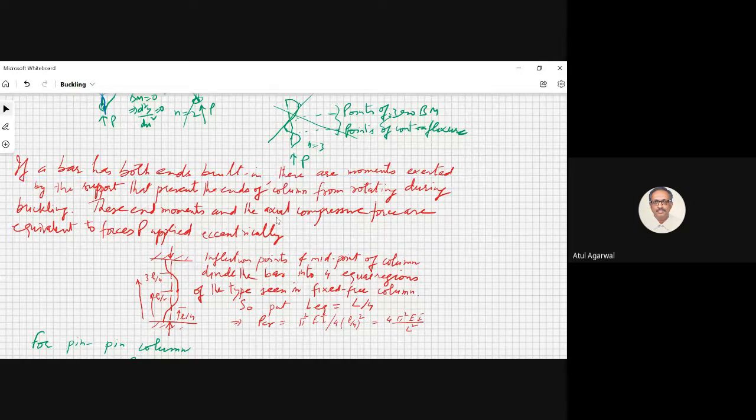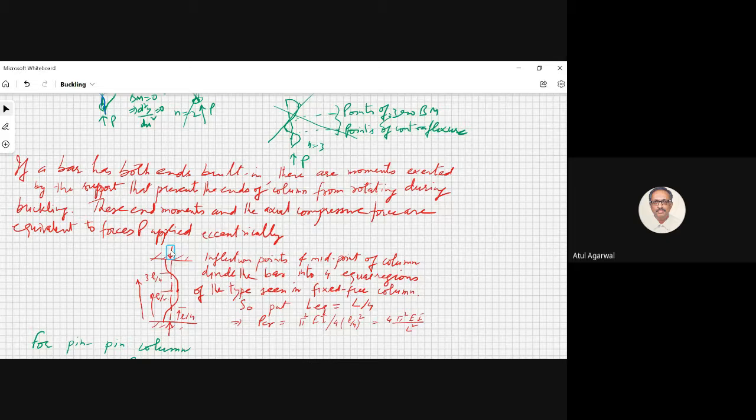These end moments exerted by the support, and the axial compressive force, are equivalent to force P applied eccentrically. So you assume a force axially initially because supports are also applying a moment.